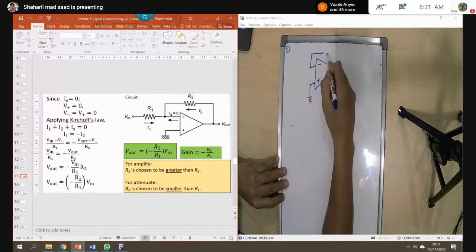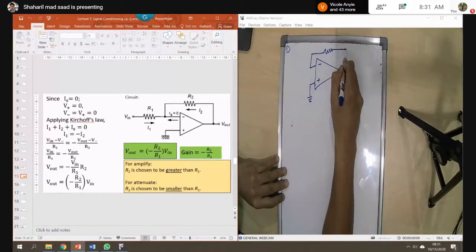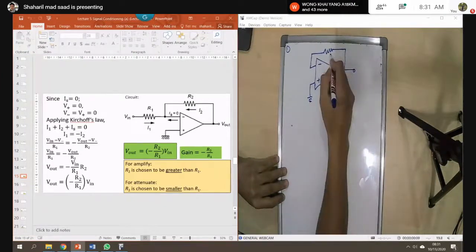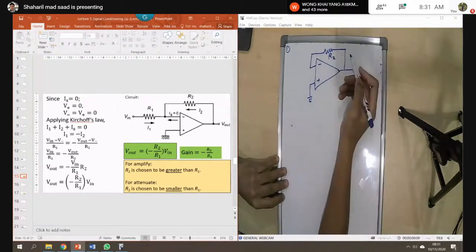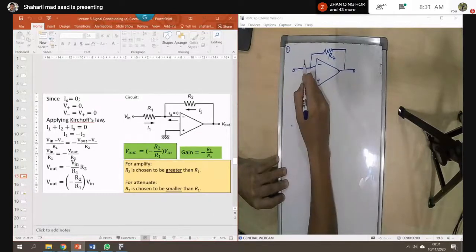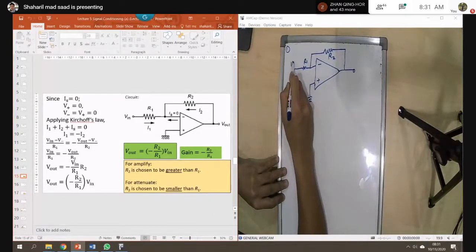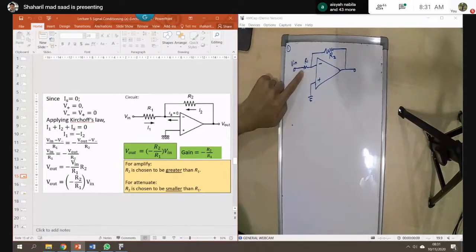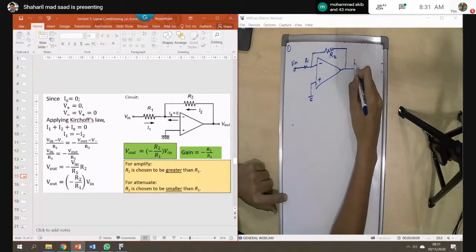Then it has the feedback resistor. This one we call the feedback resistor, let's say R2, and then R1 for V in. The input resistor here we call the input impedance. Now you have V out here.